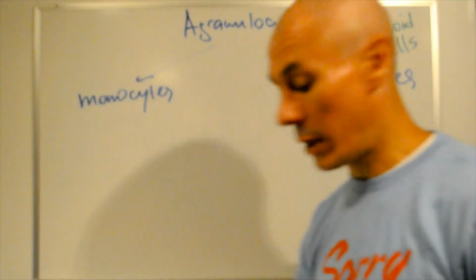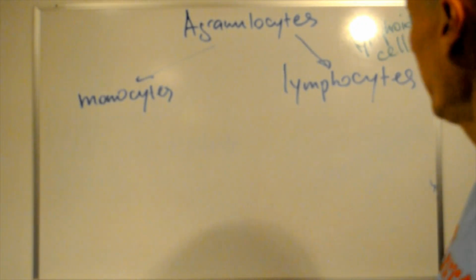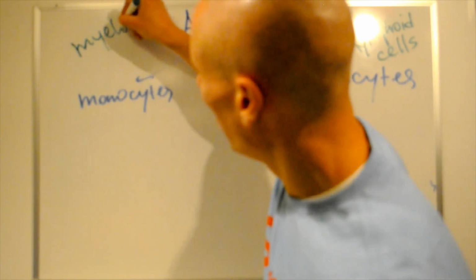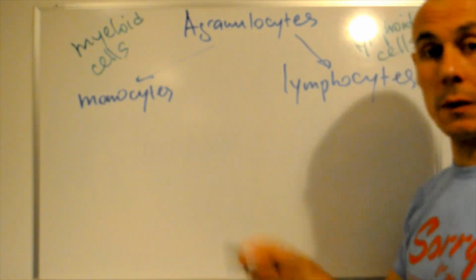Monocytes and all granulocytes are cells of the so-called myeloid origin, meaning that they are in the blood.